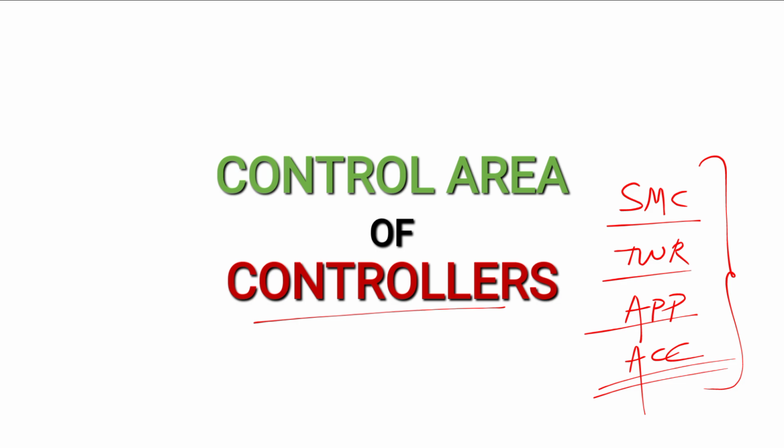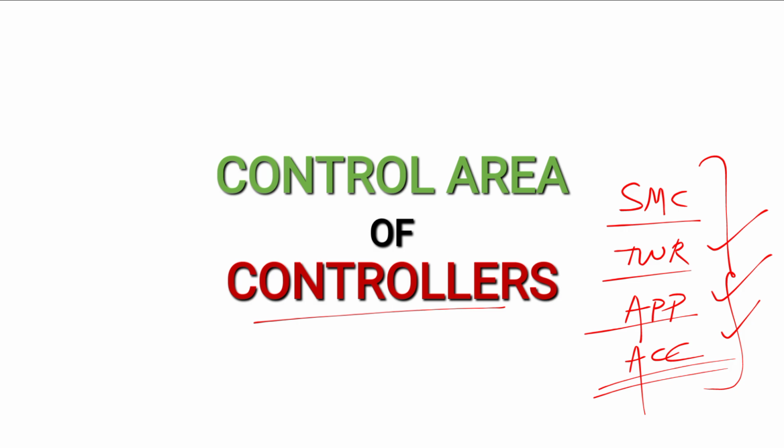Respective controllers' suffixes are ground, tar, approach, and control. These are called controllers. Why? They control aircraft, right? As we all know, in Indian airspace or any airspace you consider, there are n number of aircraft flying. A single person cannot control all the aircraft in an airspace.